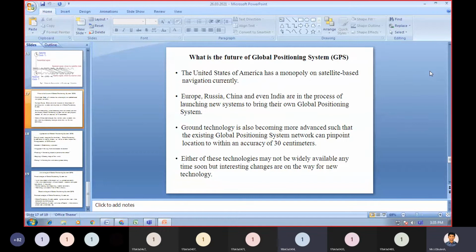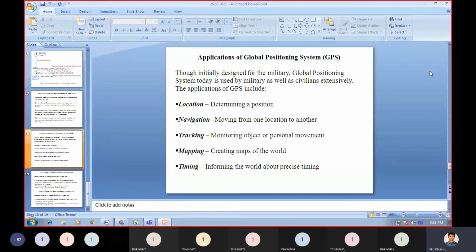Then coming to applications of global positioning system.